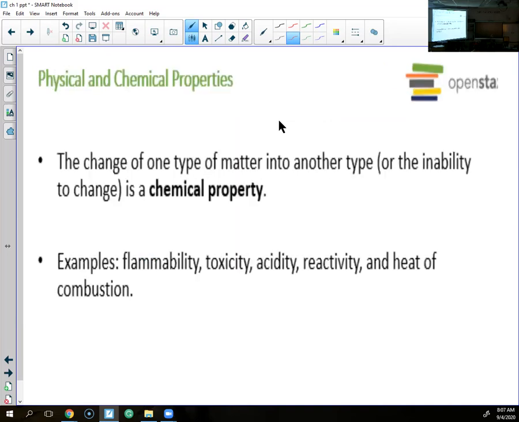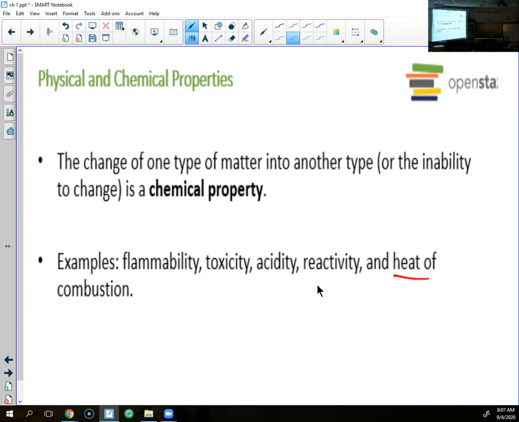The change of one type of matter into another type, or the inability to change, is a chemical property. So what I'm doing up here, I'm changing water into different elements, H2 and O2. That is a chemical property. Flammability, toxicity, acidity, reactivity, and heat of combustion are some chemical properties.